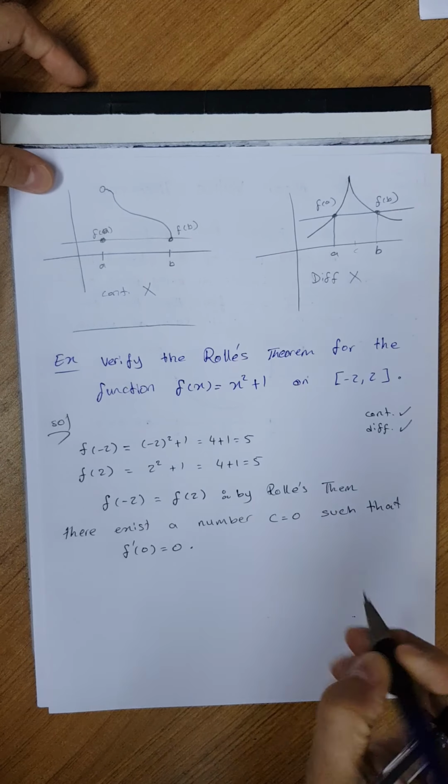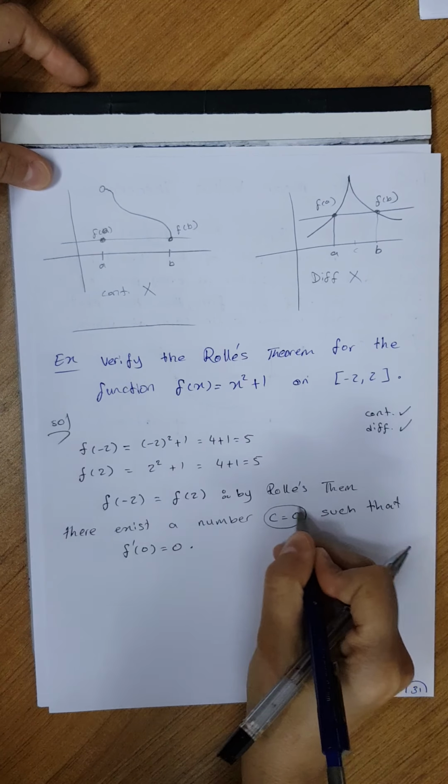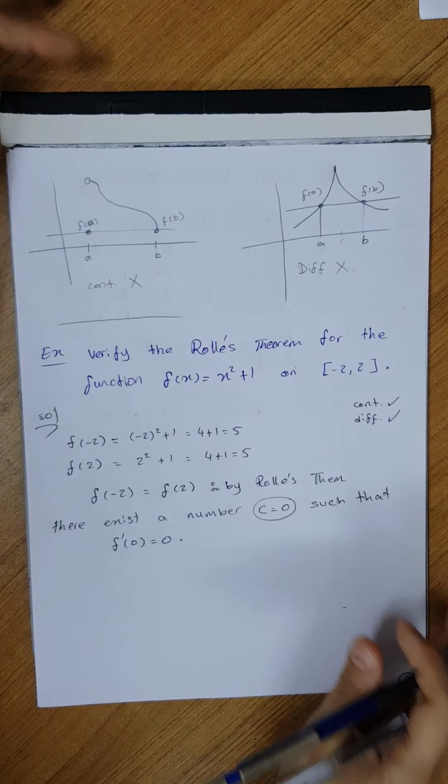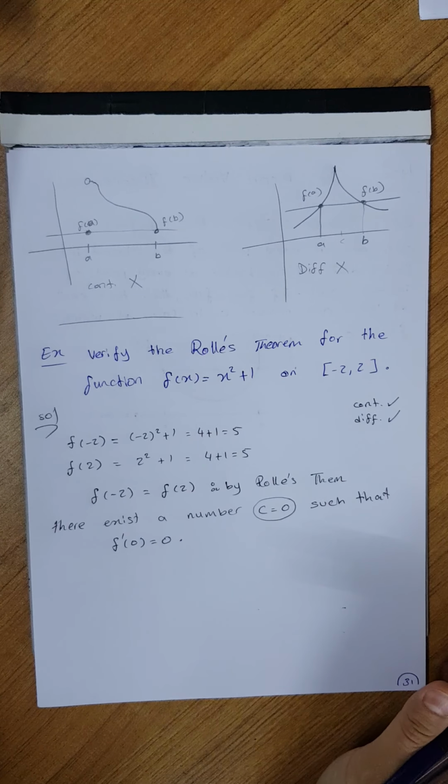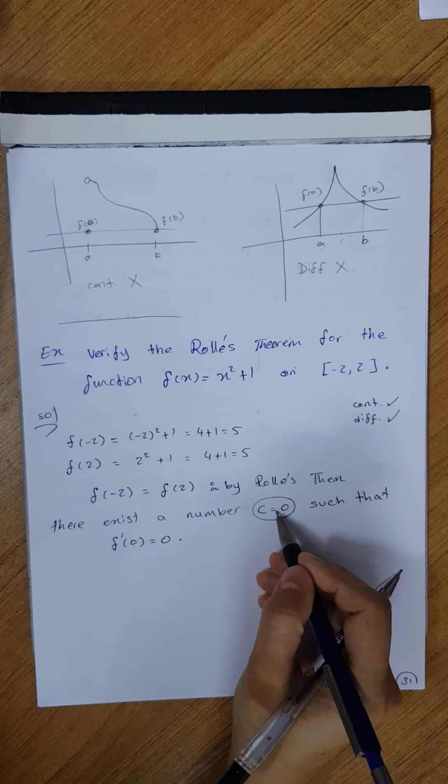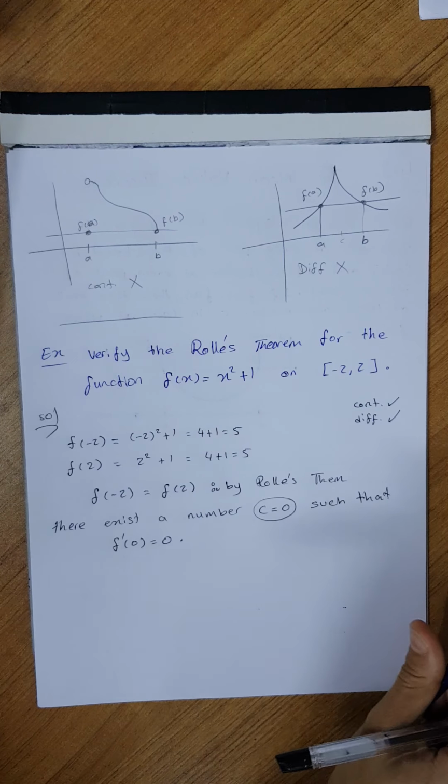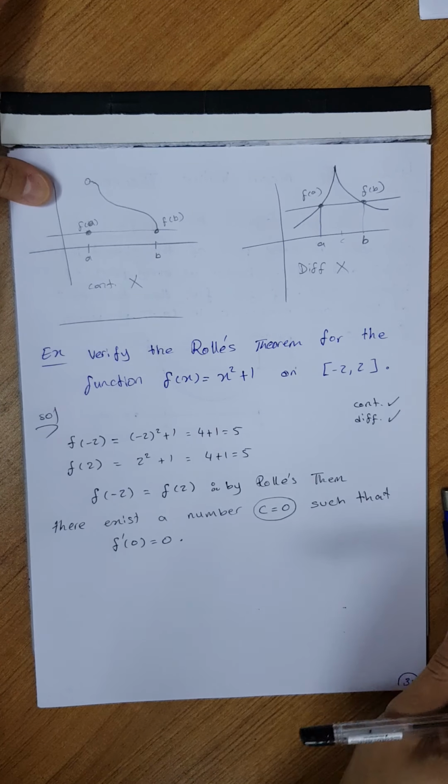The procedure of finding that c is not given to us. How do we find that c? Not every time is it required of you to find that c, but if it is easy like in this example, you can simply find it.